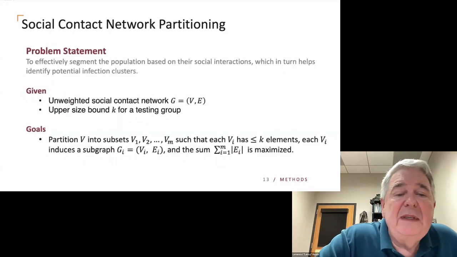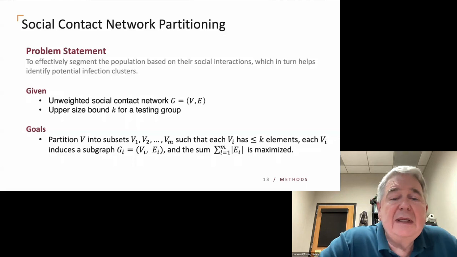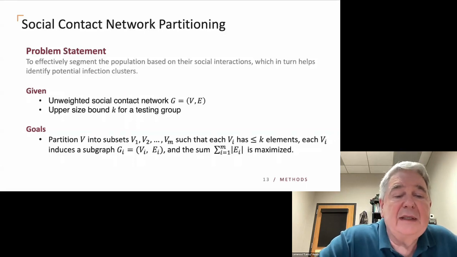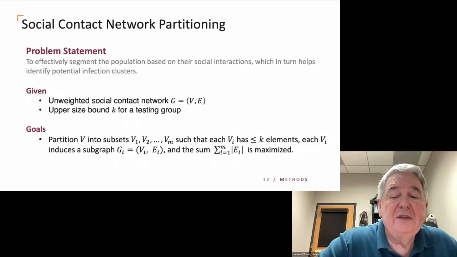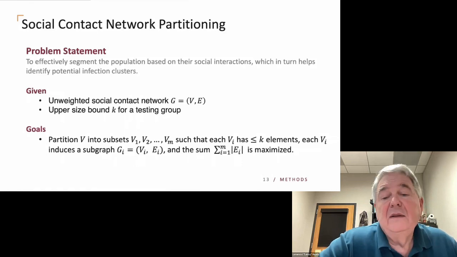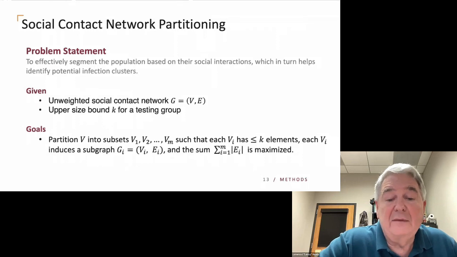So the problem here is to take a social contact network and an upper bound for the size of a testing group, and maximize the number of edges that are in the partition of the original network into subgraphs.